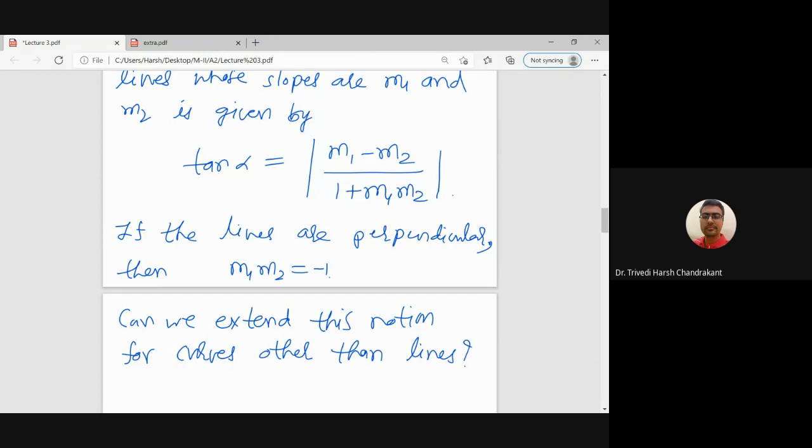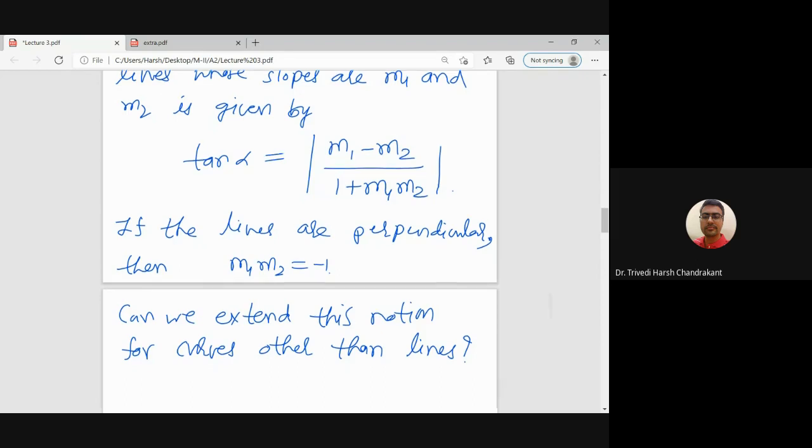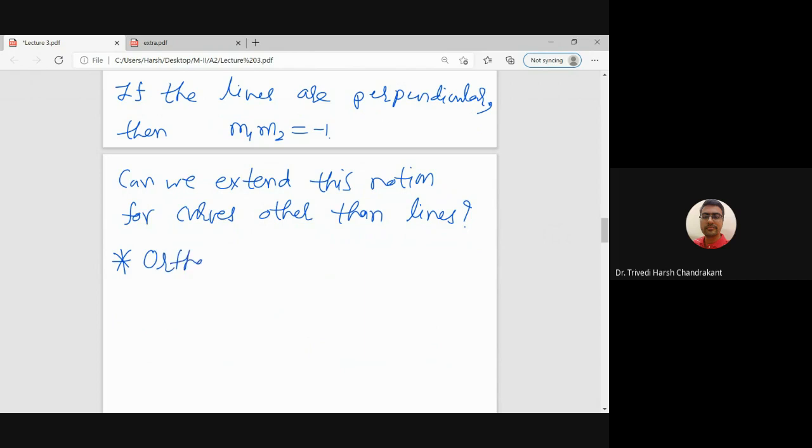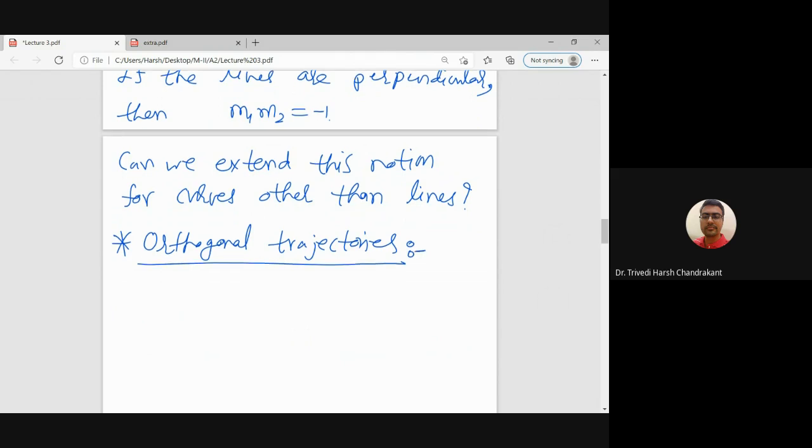So here only lines were given and angle between lines was discussed. So this idea gives a notion in terms of differential equation that is known as orthogonal trajectories. So let us see first of all, what do we mean by orthogonal trajectories?